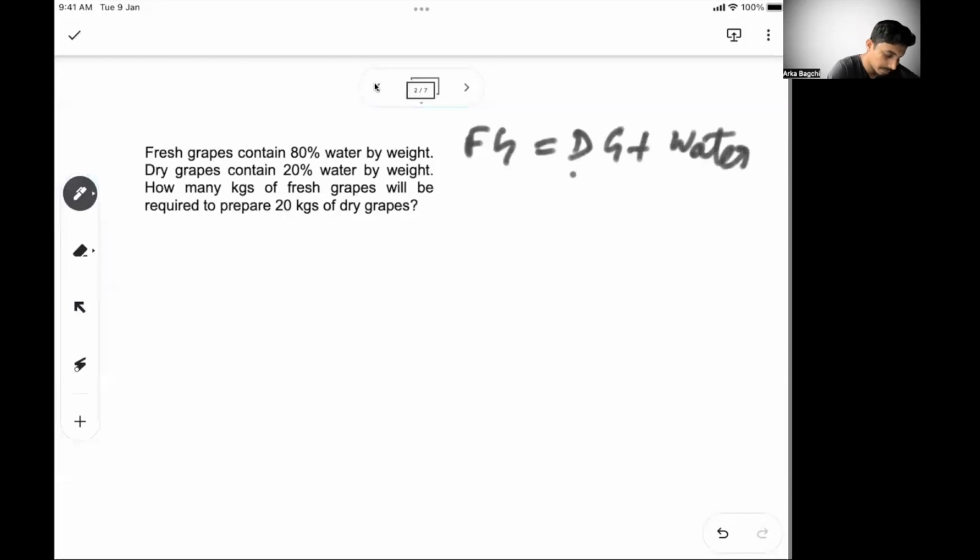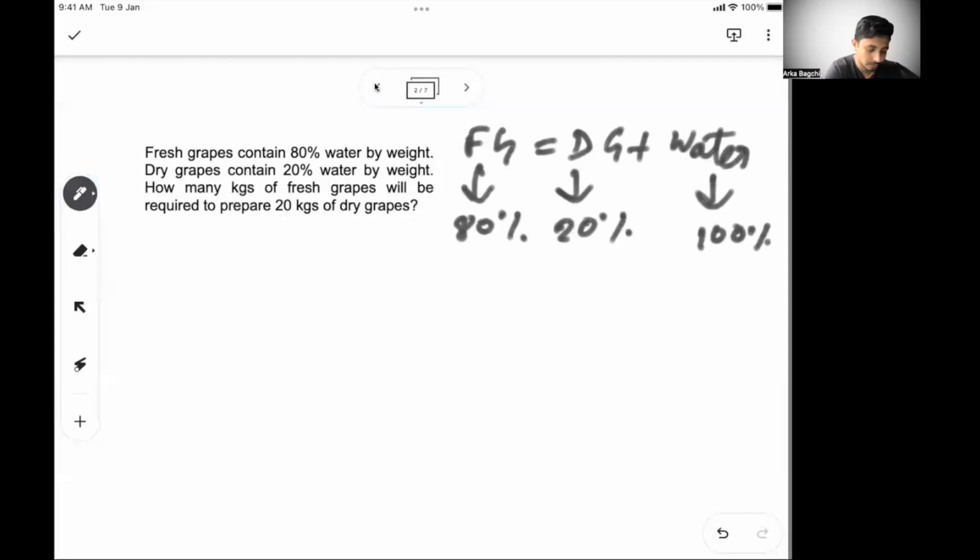So dry grapes have water at 20%. In water, obviously, water is 100%. And in the fresh grape, water is 80%. So these are the percentages of water. The question is how many fresh grapes will be required to prepare 20 kgs of dry grapes.